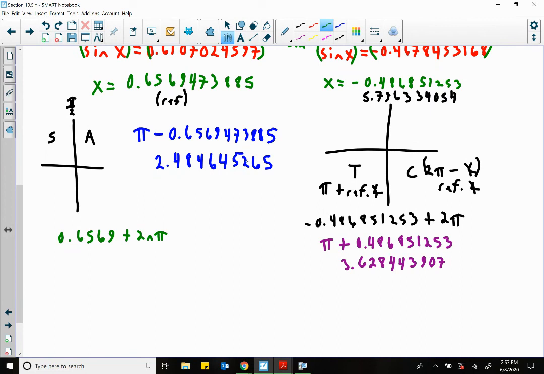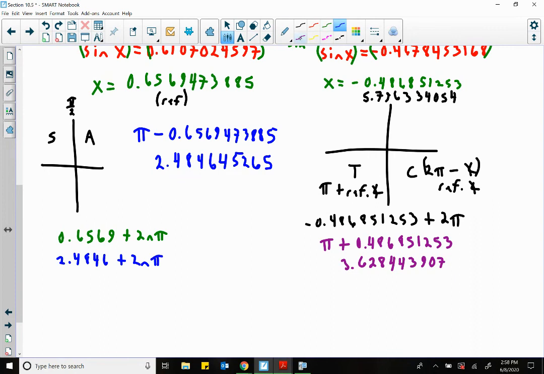Quadrant 2, here is that value. So we'll take 2.4846 plus 2n pi.